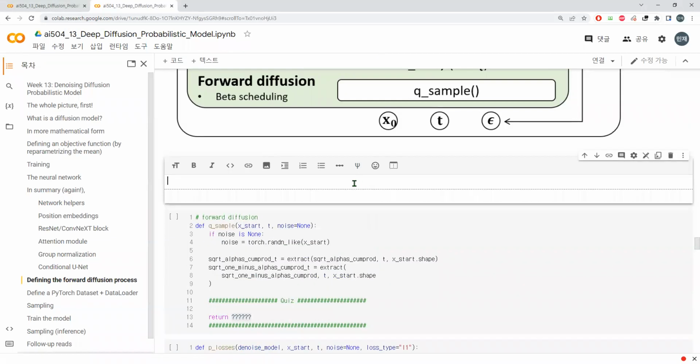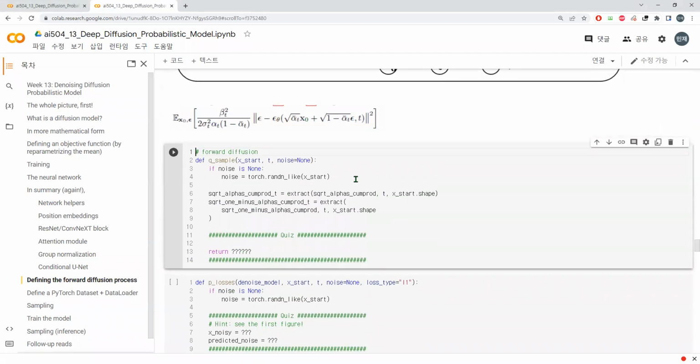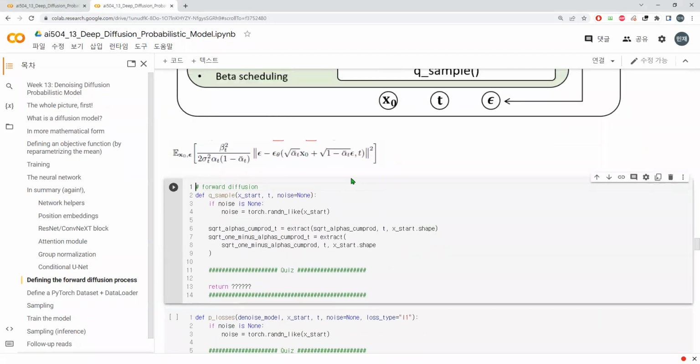Oh, you can refer to this equation. What you have to do is output this term.